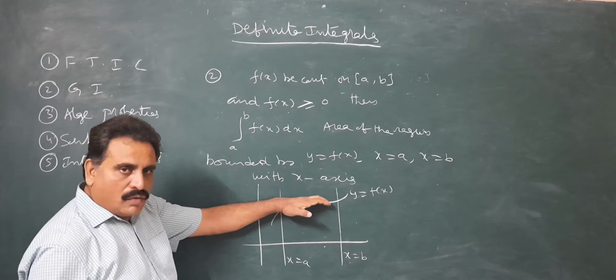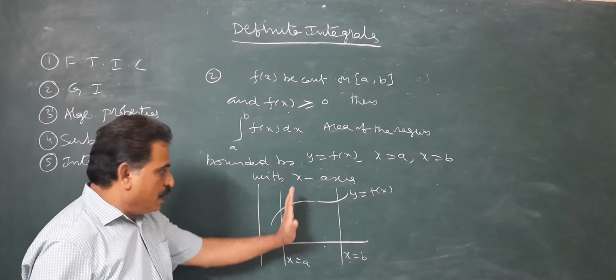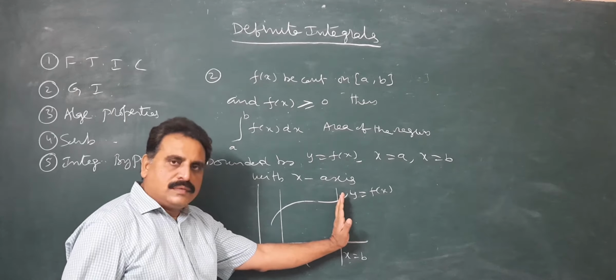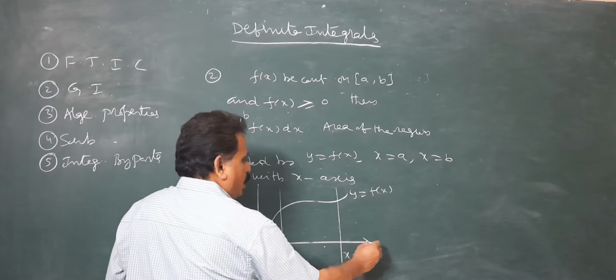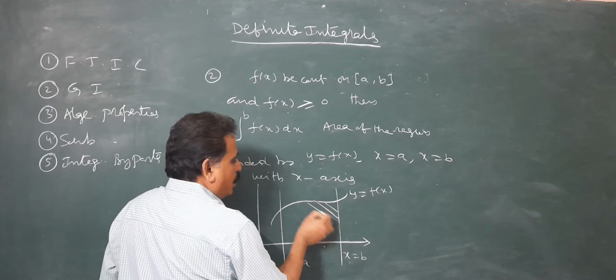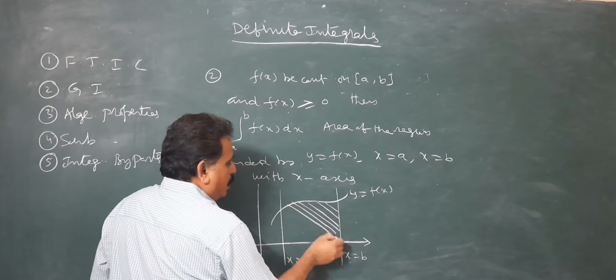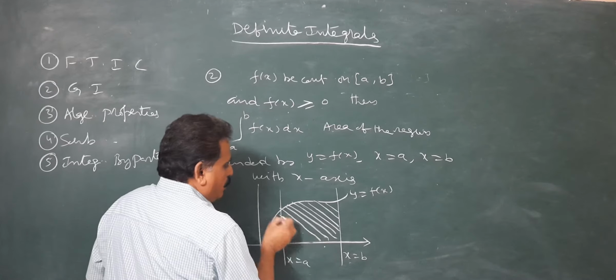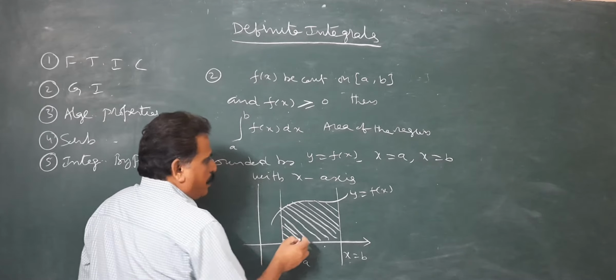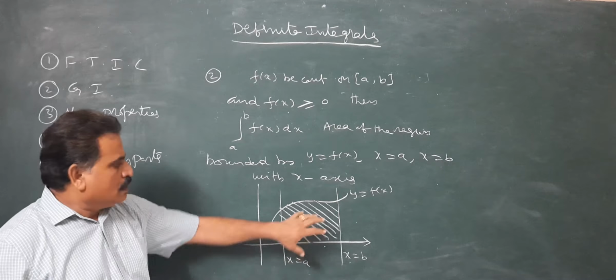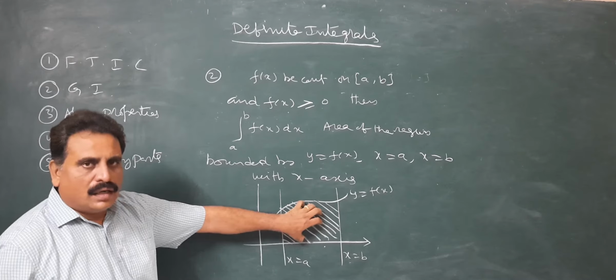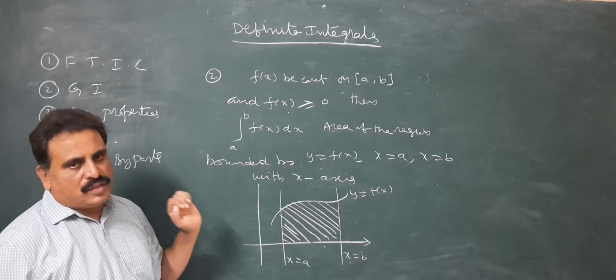One is y equal to f of x, two are vertical lines, and another one is a horizontal line, that is the x-axis. So the shaded region, this area, is the area of the region bounded by these four. The area is nothing but the integral a to b f of x dx.